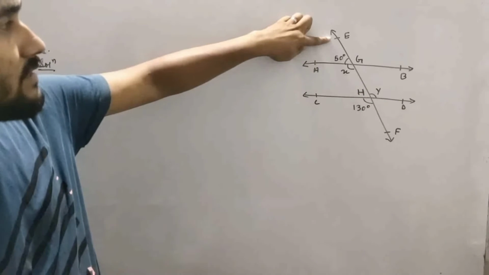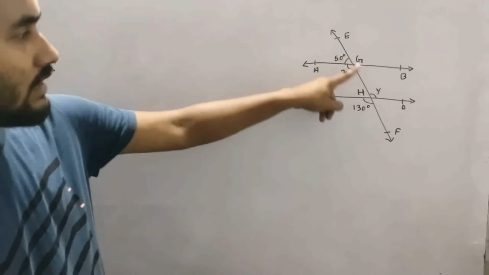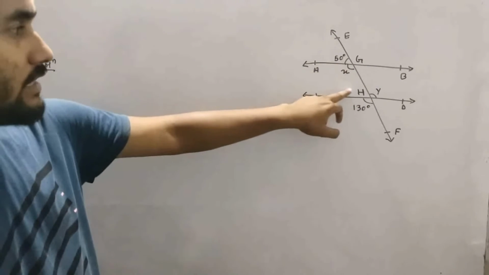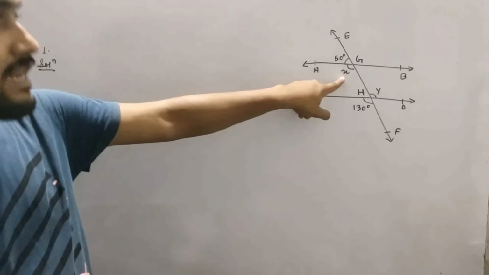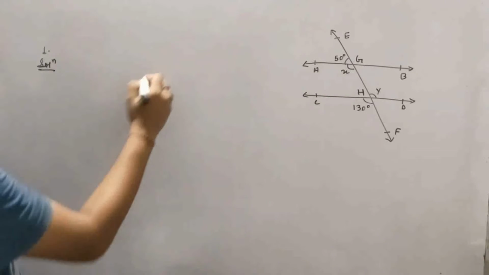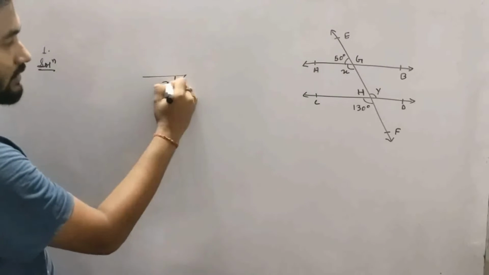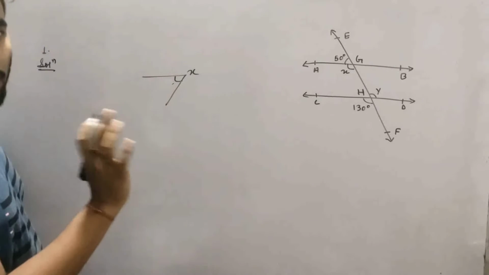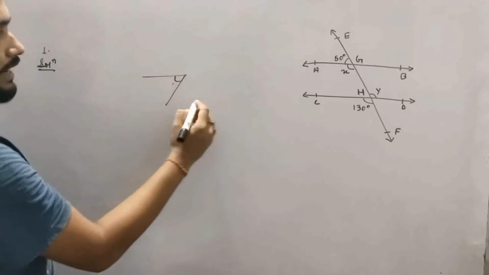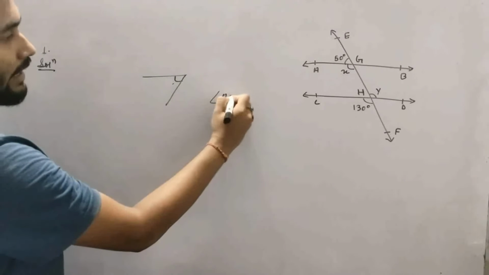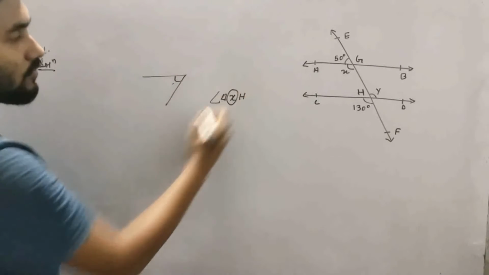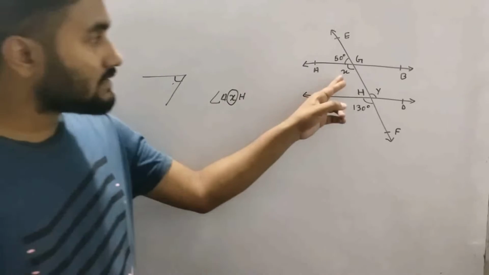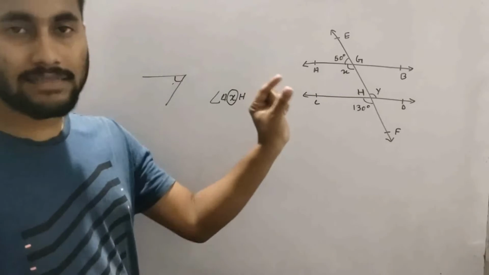This place I have named as E, F, G, H. And this is angle X. X is not the vertex, different thing. Don't write it like that, angle AXH. This will be wrong. Why? Because this is angle X, not vertex X.